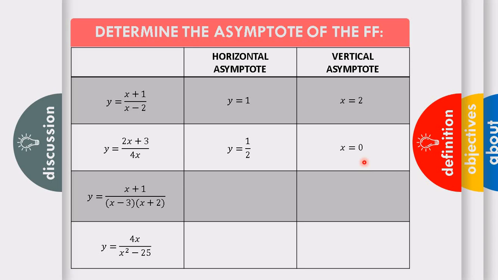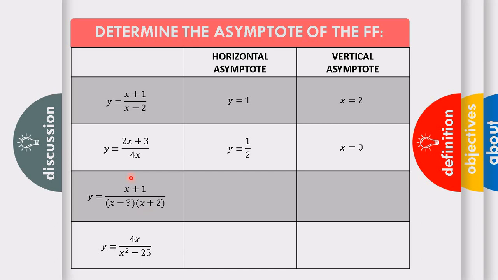X equals 0. Third, y equals x plus 1 over x minus 3 times x plus 3. Okay? In this case, for the horizontal asymptote, we have x, and we will first multiply the denominator. So we have x squared. So x and x squared.